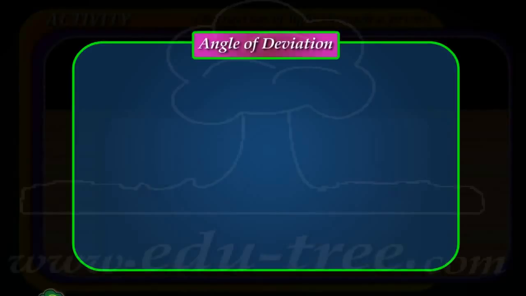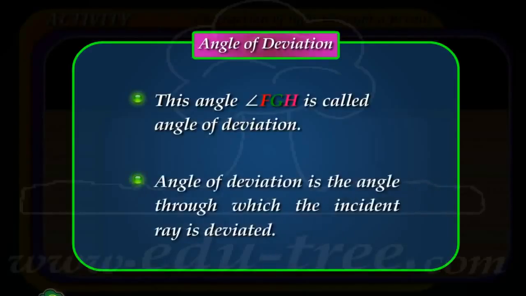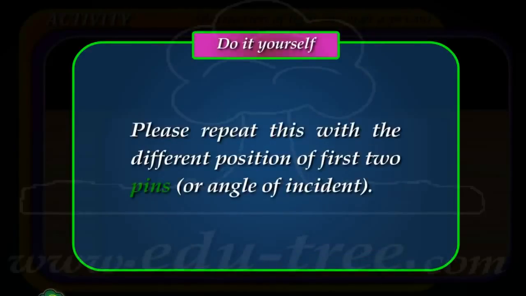This angle FGH is called the angle of deviation. Angle of deviation is the angle through which the incident ray is deviated. Do it yourself. Please repeat this with different positions of the first two pins, or angle of incidence.